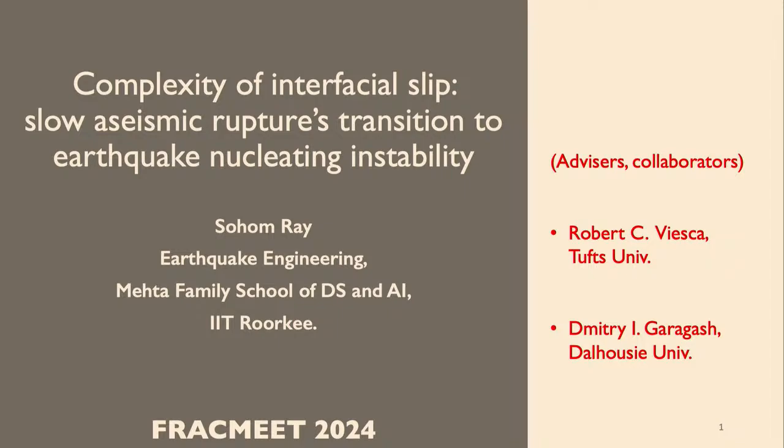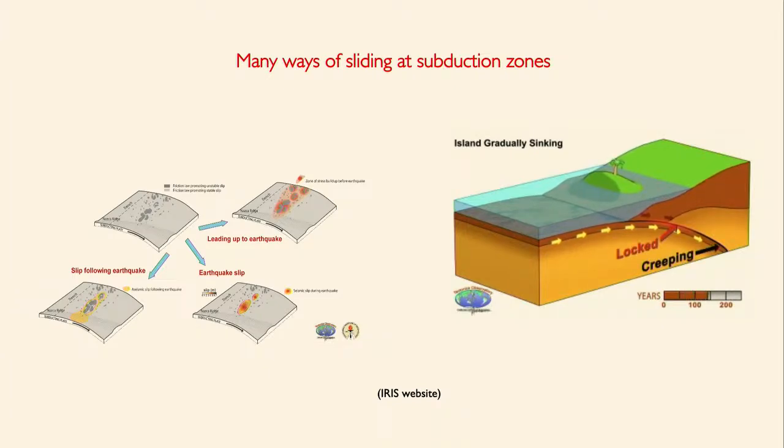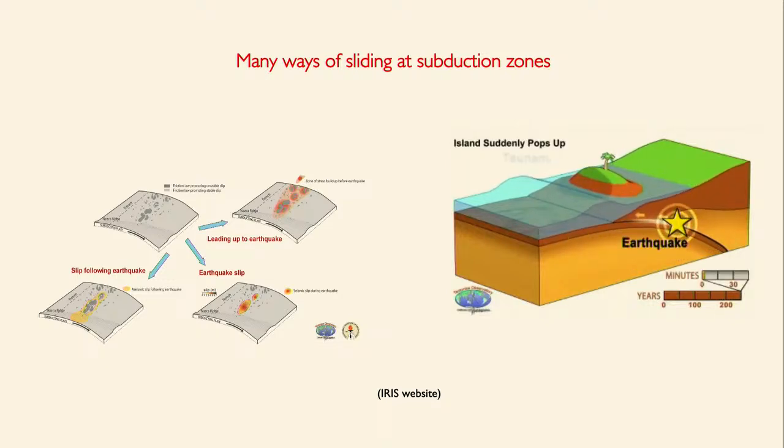First, a bit of motivation: subduction zones can host a remarkable range of motions. There are very slow, locked portions still being pushed, and then all of a sudden, over a very short time scale, there is a rapid motion that cascades into lots of other processes within the earth.